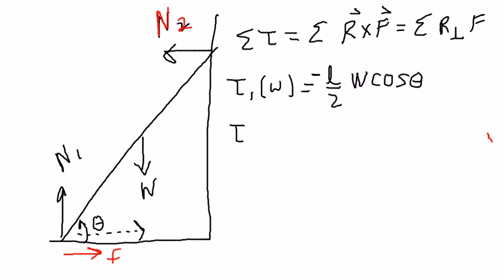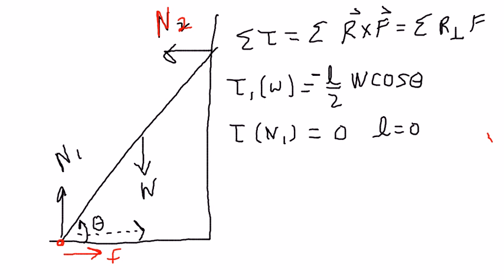The torque associated with N1 is equal to 0 because in this case L is equal to 0. I'm assuming, and that was not clear, that I'm pivoting about the base.